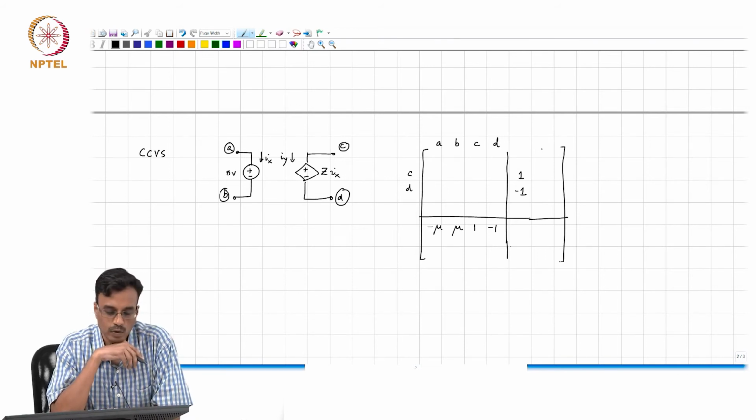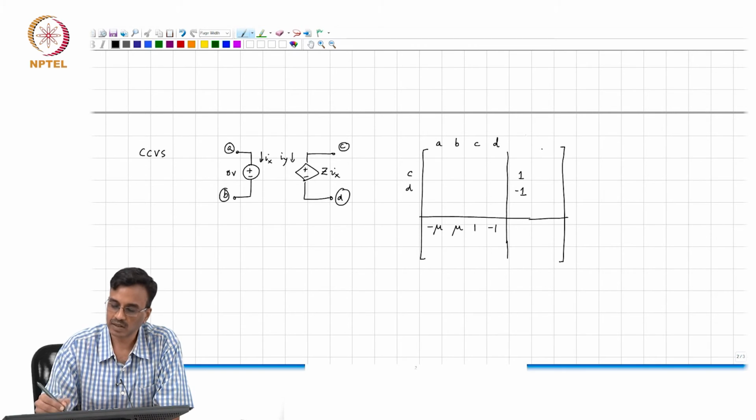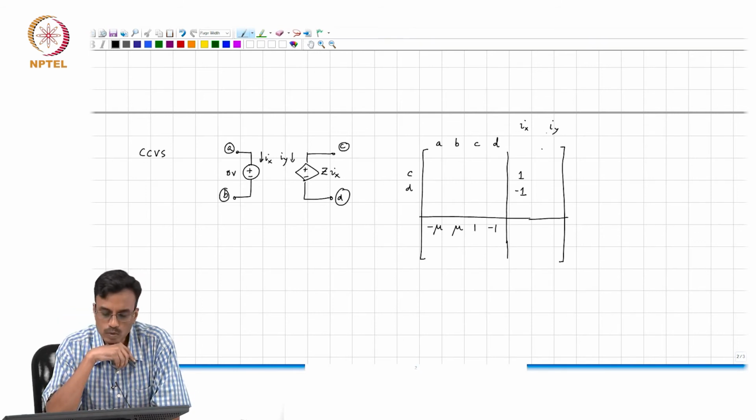Okay. And now, let us assume that this column corresponds to Ix and this column corresponds to Iy. What do we do?